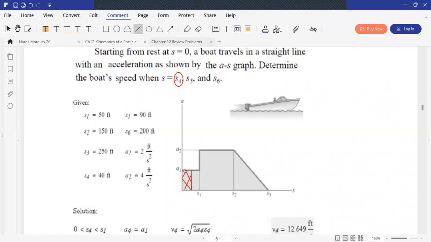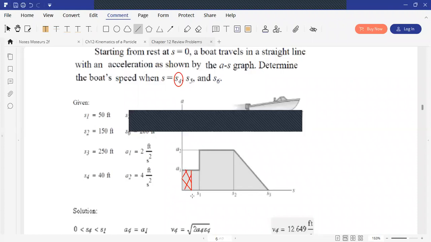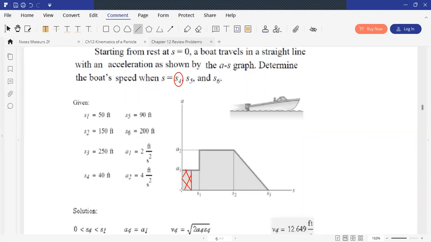So the area of this rectangle is A1 times S4. So I can directly say that V4 squared minus V0 squared over 2 equals A1 times S4. This is the area method. Now, if we want to apply it for the third phase, it's a little bit more complex.